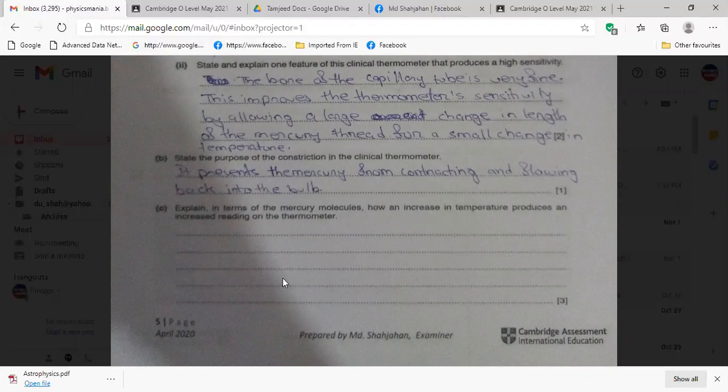Then volume increases. Hence mercury expands. Okay, done.